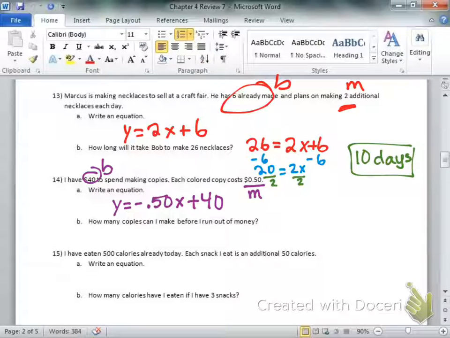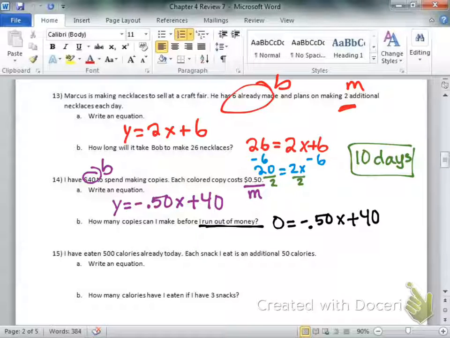Alright, the follow-up question. I like these because it's pretty real life stuff going on here. If you run out of money, what's your total? 0. So you're changing the y to a 0 because that's your total in this problem. Alright, and then we just solve for x.